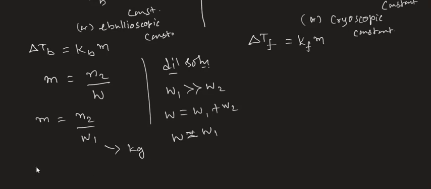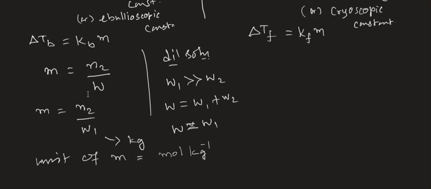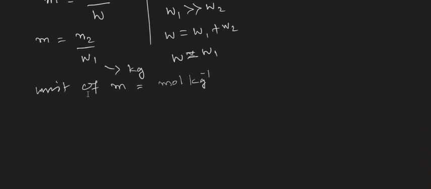Then what is the unit of molality? n2 means mole, so it is mole per kg. That's it, mole per kg. Now we need to further convert this.